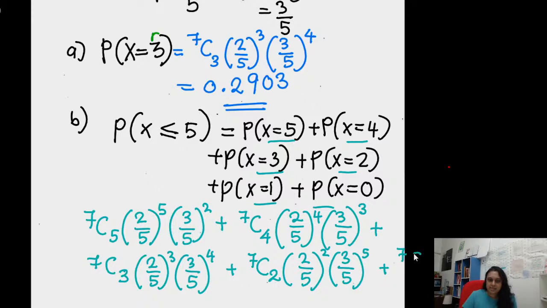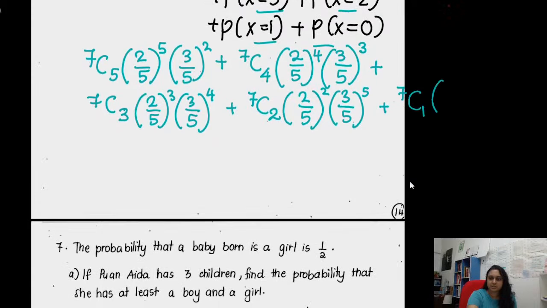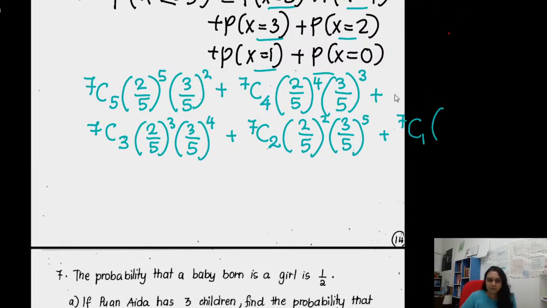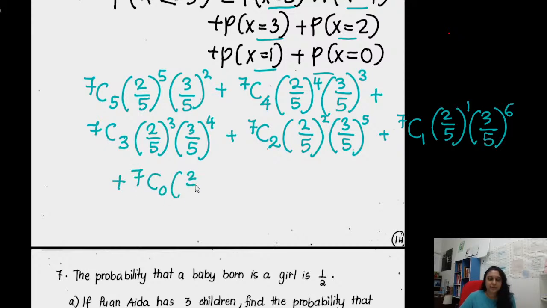Plus 7C1, 2/5 to the power 1, 3/5 to the power 6. Okay, and then one more last one. Can you see that this is actually taking time, isn't it? Because we're doing one by one here. There is another shortcut, but I'll show after this. We do the normal way first.